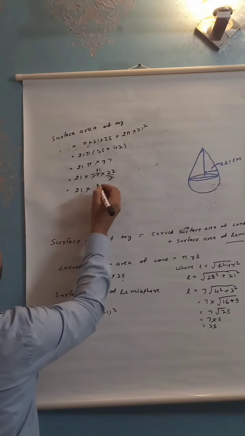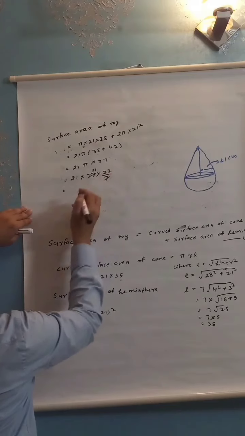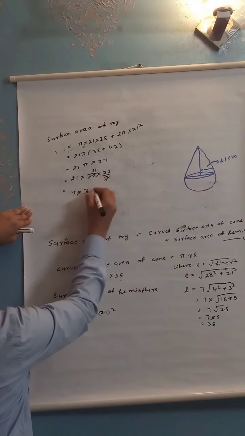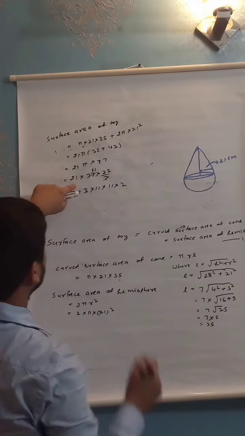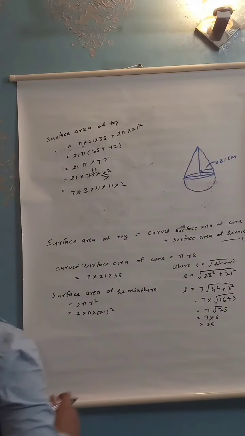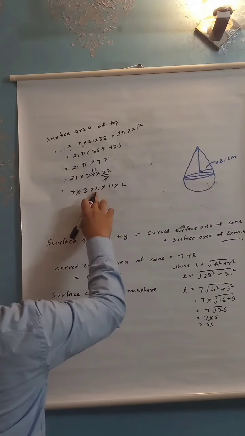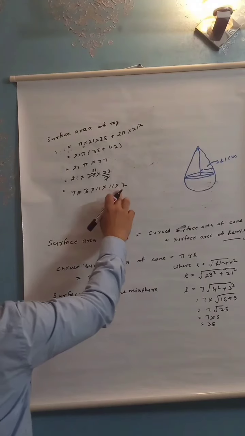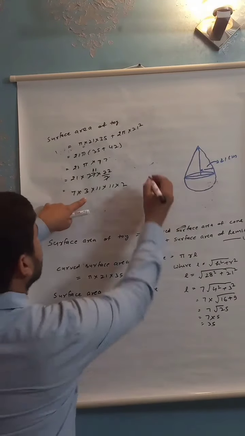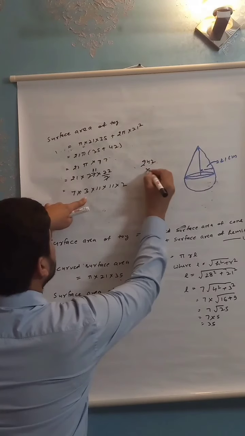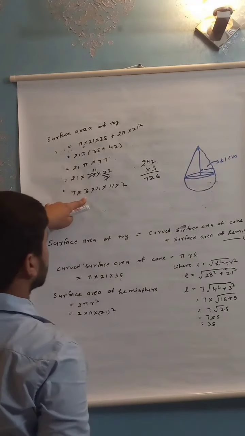21 into, we can factorize 21 and 7 into 3 into 11 into 11 into 2, factorize 21 and 22. Now we can easily solve this. 11 times 11 is 121, multiplied by 2, 242. 242 multiplied by 3 is equal to 726.